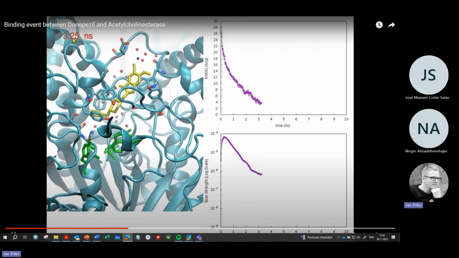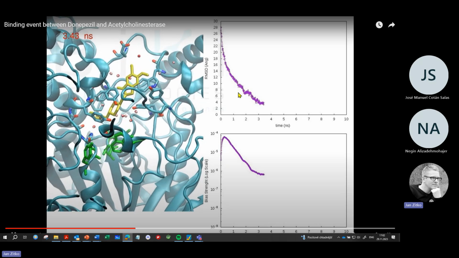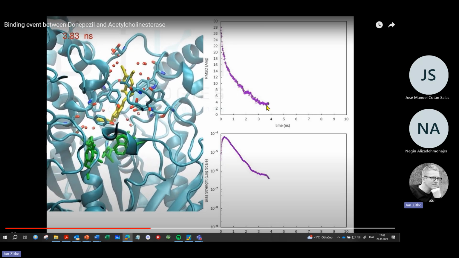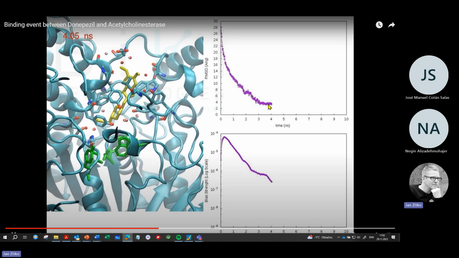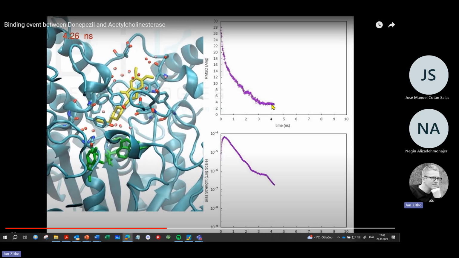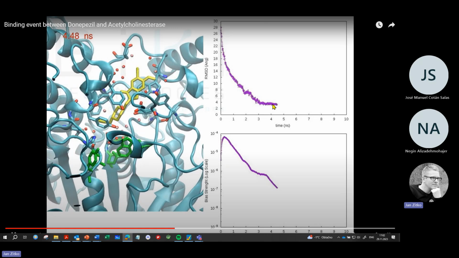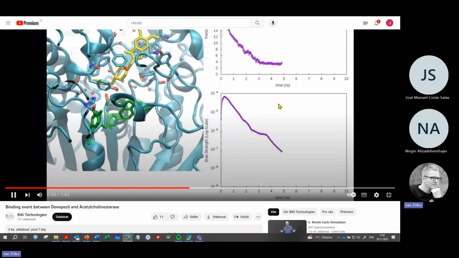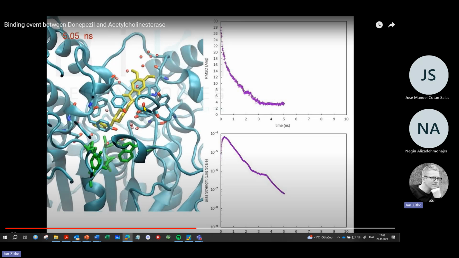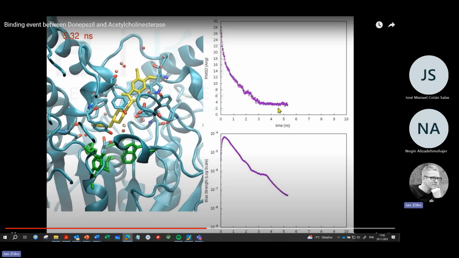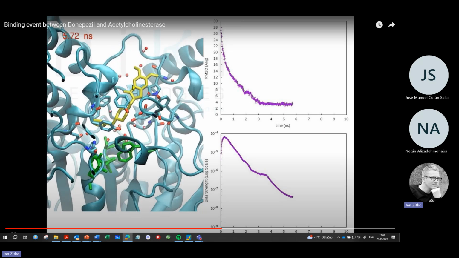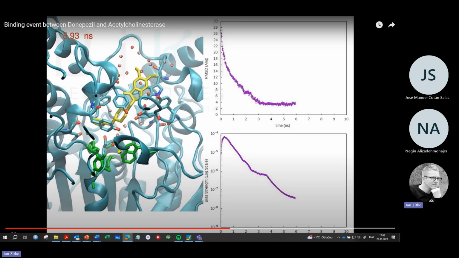You can also watch the time scale, 3 nanoseconds by now. And you see that at 3 nanoseconds, the RMSD kind of stopped changing. So here you could think that the system is already equilibrated, or better said, that the binding is finished. It looks like that, but that's not the case, because the ligand is not in the binding site yet.